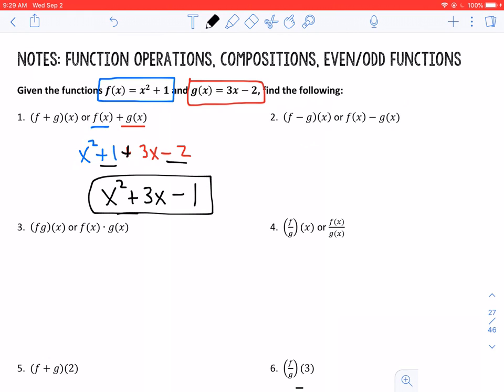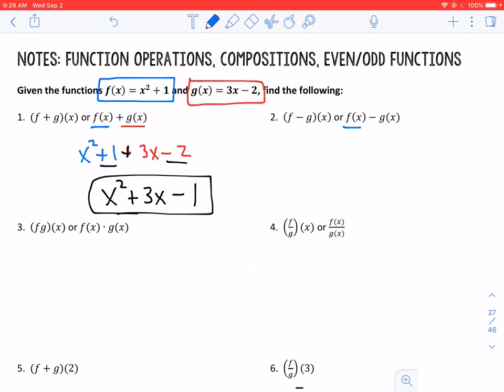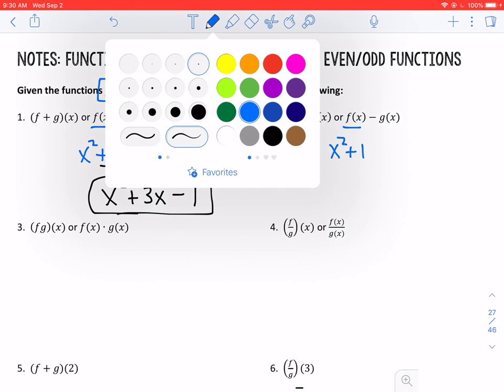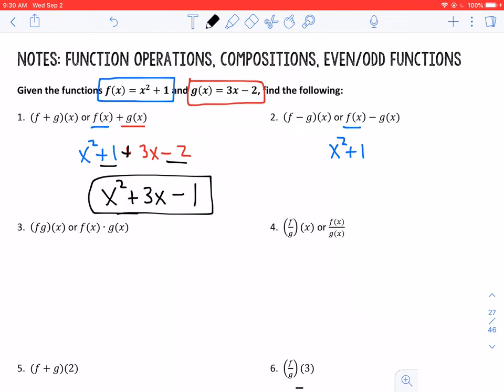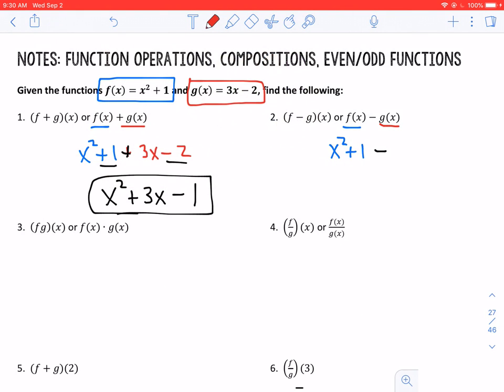All right. So f of x minus g of x. Let's look at this. F of x, so okay, x squared plus 1 minus g of x. So we're going to be super careful here when we subtract g of x.